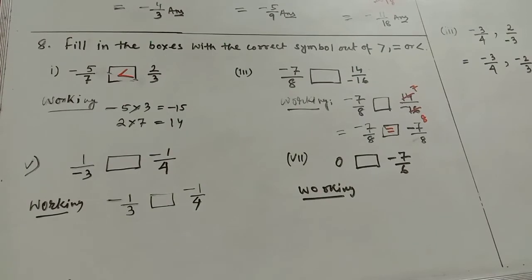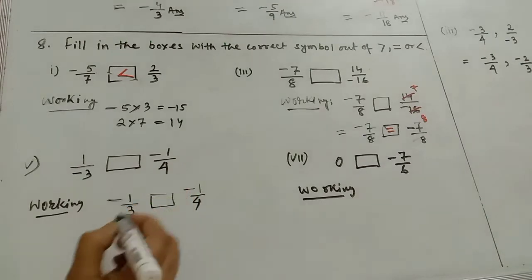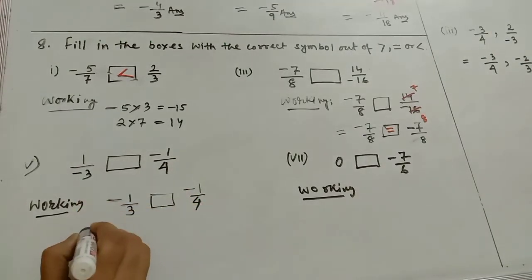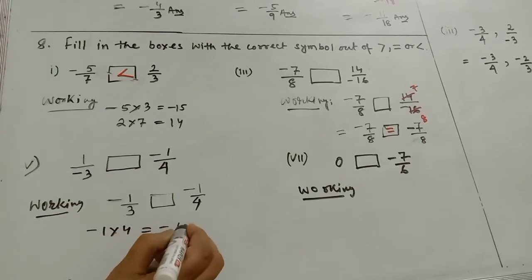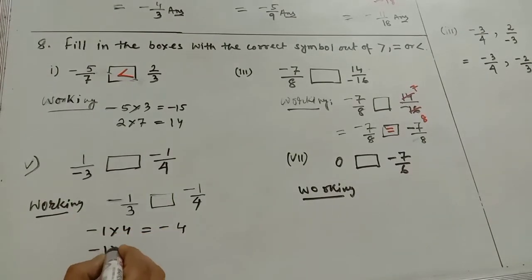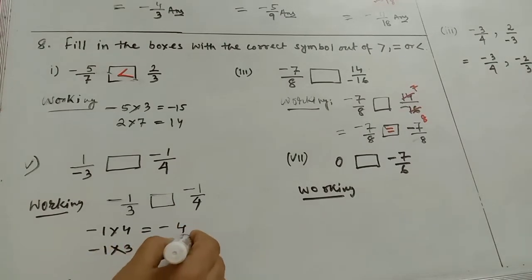If you want to do the cross multiplication, you can do, but very clearly you can see that minus 1 here divided by 3 times and minus 1 here divided by 4 times. So you do this cross multiplication, minus 1 into 4 equal to minus 4, and minus 1 into 3 equal to minus 3.